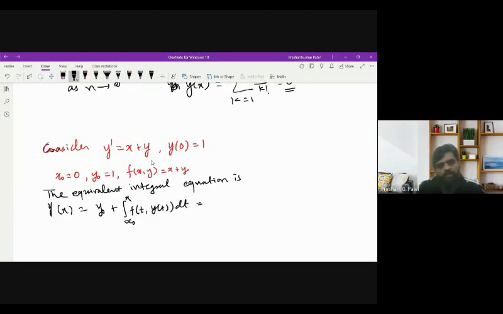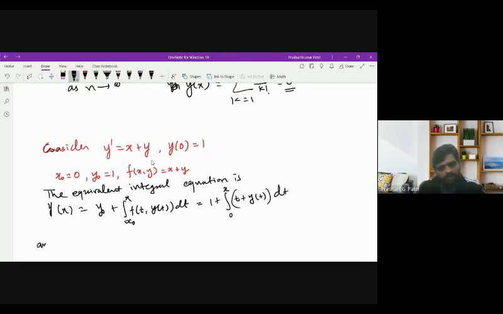So as per this, y0 is 1, so it is y(x) = 1 + ∫ from 0 to x of (t + y(t)) dt.